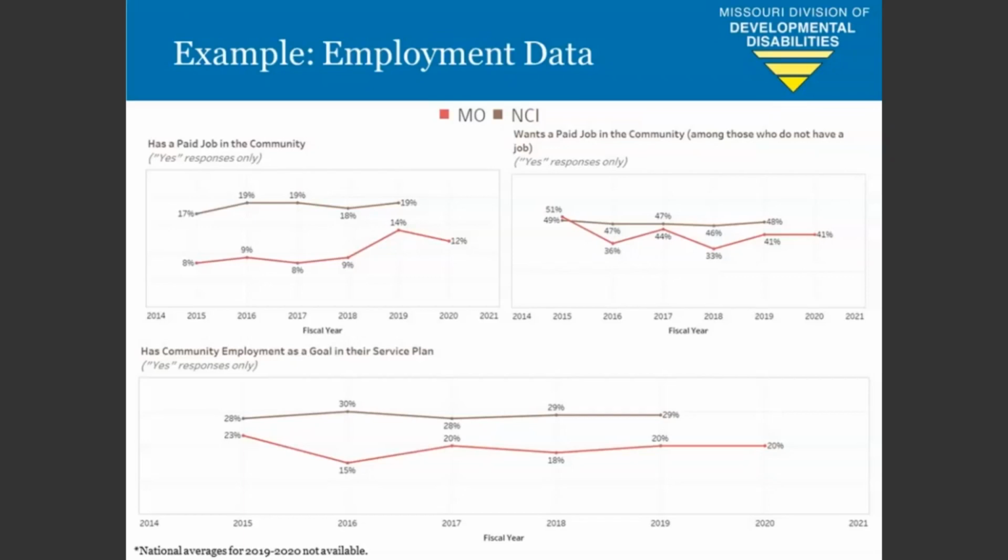If you look at all of this as a whole, we have a low percentage of people who have paid jobs in the community, yet a large proportion say that they would like to have a job in the community, but it is not something that is commonly included in the ISPs.